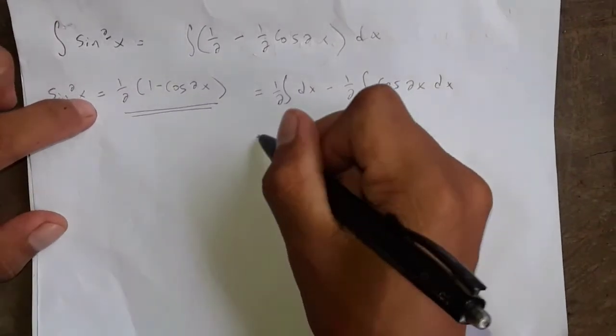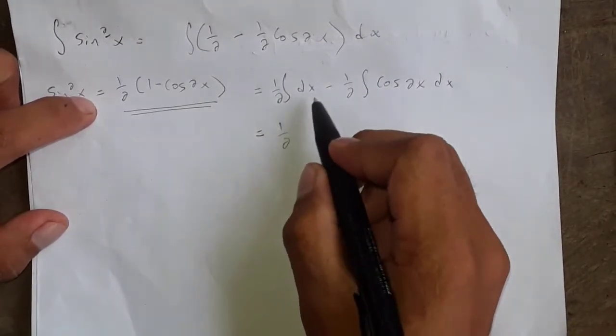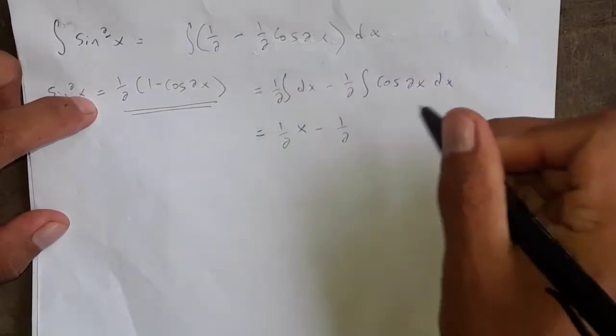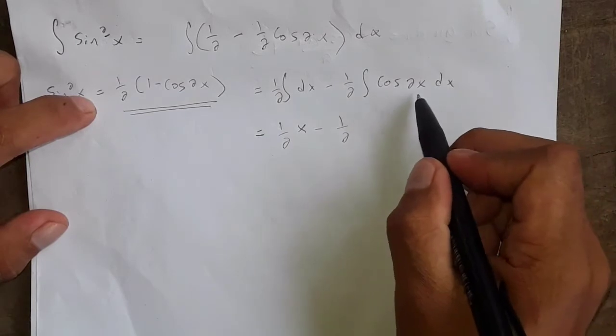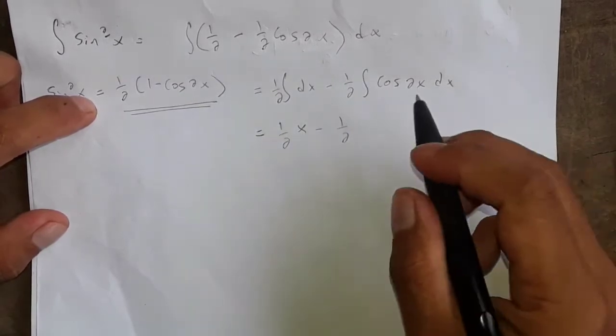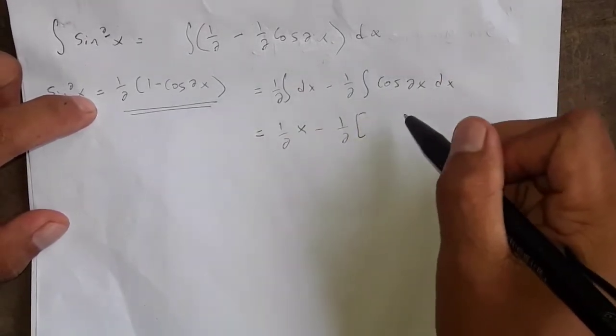By simplifying, 1/2 times the integral of dx is simply x, minus 1/2 times, as you can see here, we have the derivative of the inside function, which is 2. So we need to integrate the outside function.